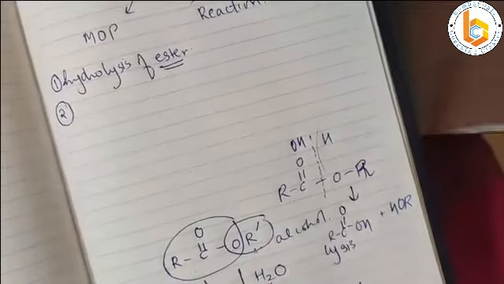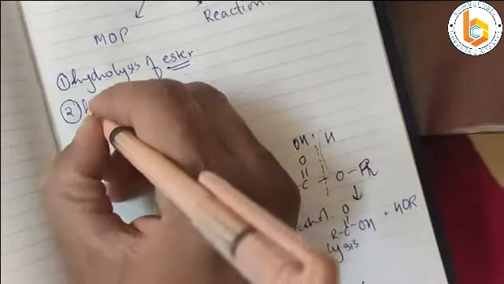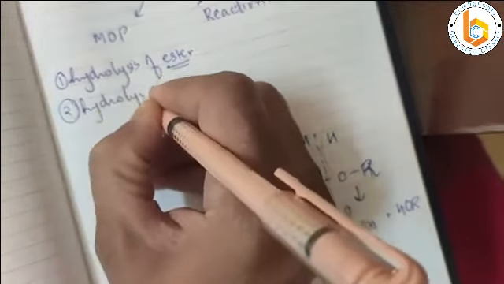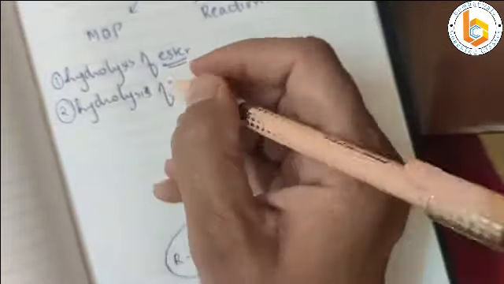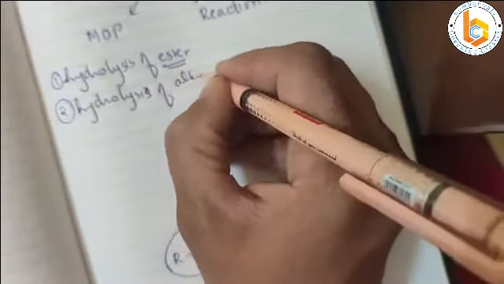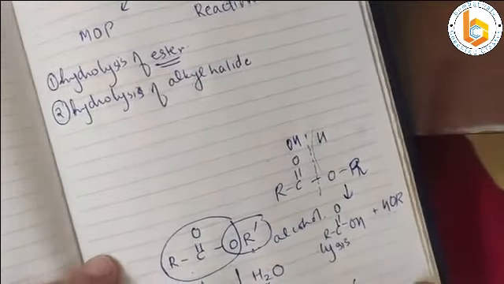The second method of preparation for alcohol is again hydrolysis of alkyl halide. Now let us see this method of preparation, hydrolysis of alkyl halide. What are we going to do here is, see, alkyl halide, again we are going to do what?